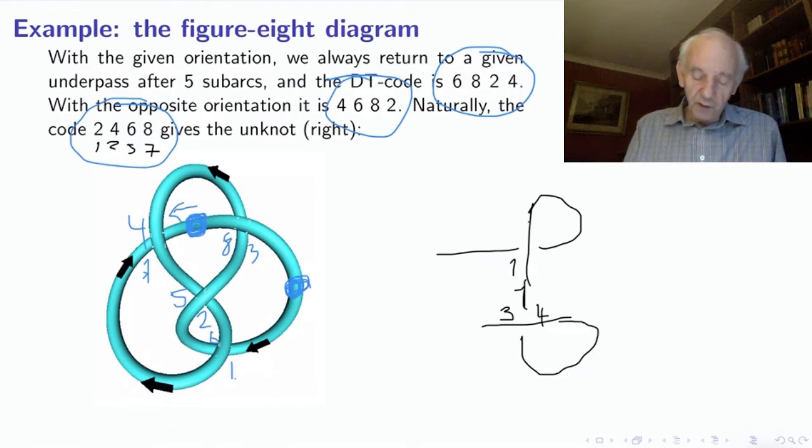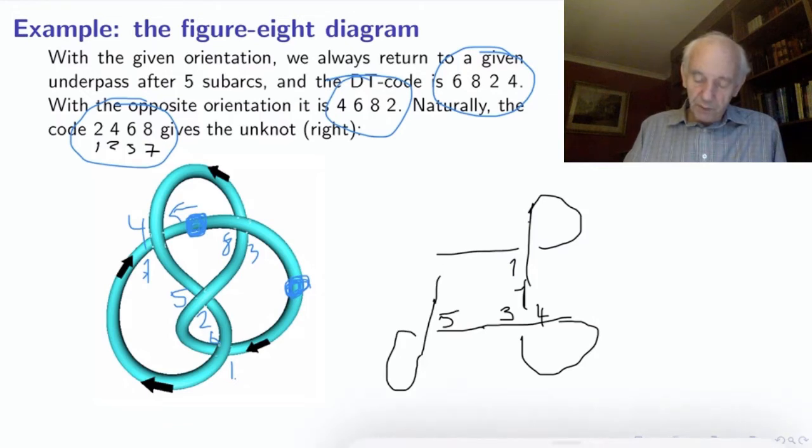And then 4 goes to 5, which is going to be overpassed by 6. So that has to be looped back like that. And then 6 goes to 7. Now I should have really made that smaller, so I don't want that to interfere. 6 goes to 7, so I need a 7 here.